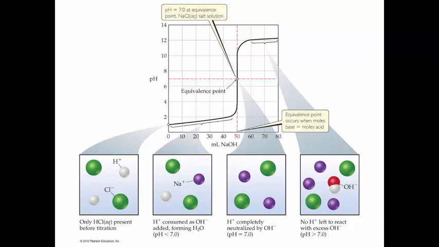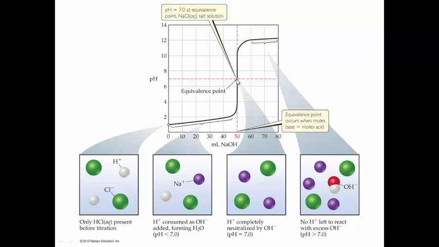But then as we start to get closer and closer to the equivalence point, you can see that the curve begins to change its shape very, very quickly, because now the amount of base you're adding is actually having a huge effect on the amount of hydrogen ions in solution. So one drop will take you from about a pH of 4 here all the way up to about a pH of 10.